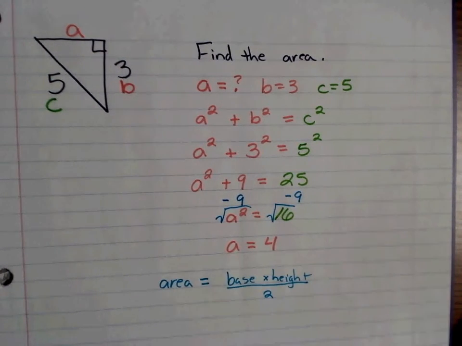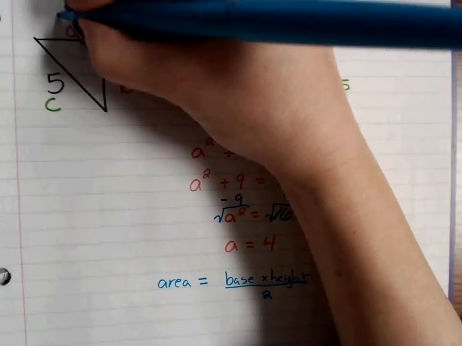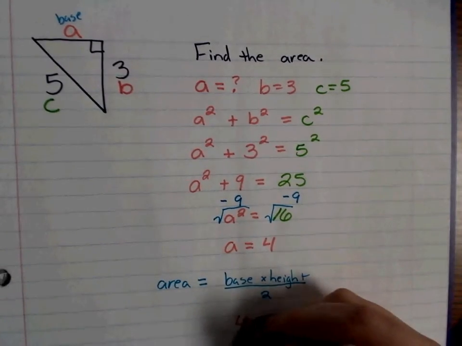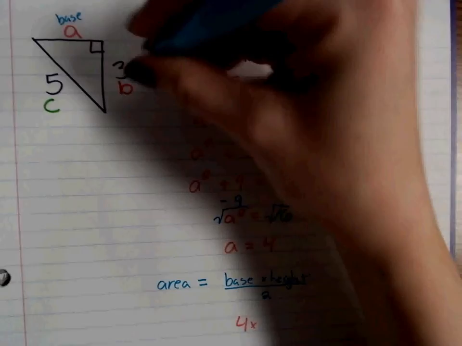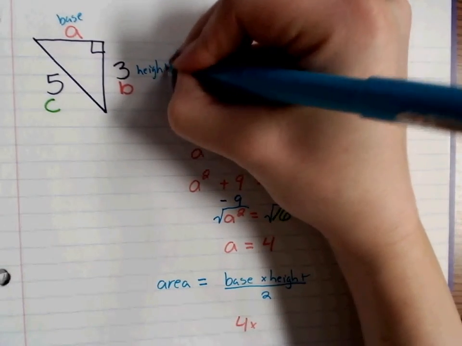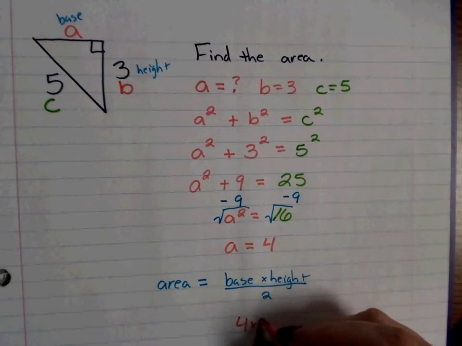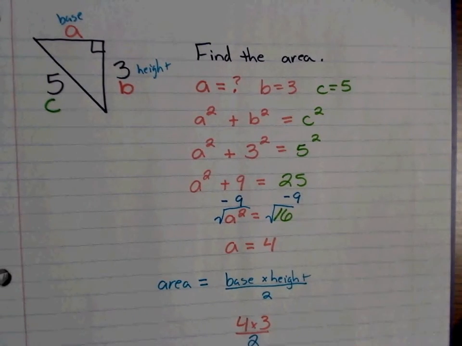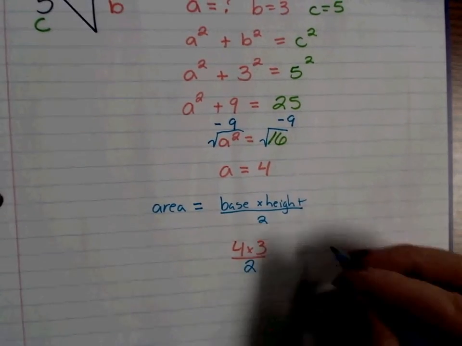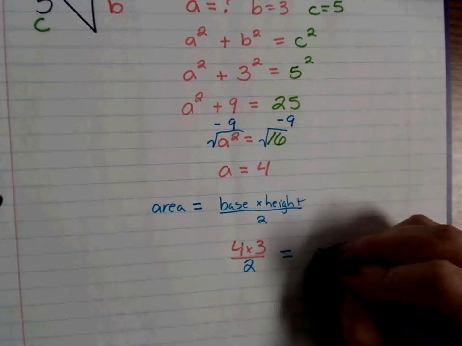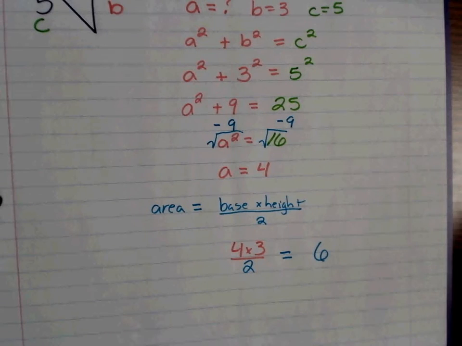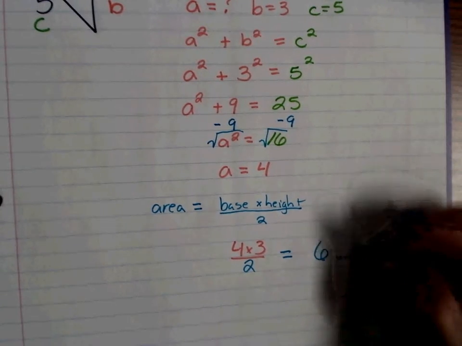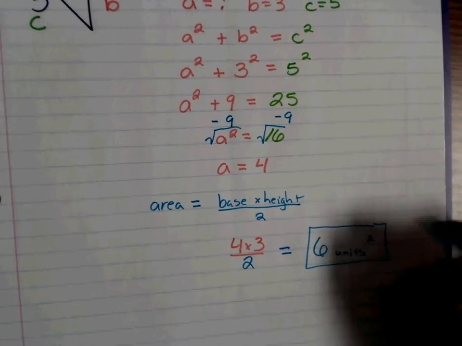In this case, our base happens to be the measurement of A, which is 4, and our height happens to be the measurement of B, which is 3. And then we'll divide that by 2. So 4 times 3 is 12, and 12 divided by 2 is 6. I don't have a unit of measure, so I'm just going to put units squared because it is area. So 6 units squared.